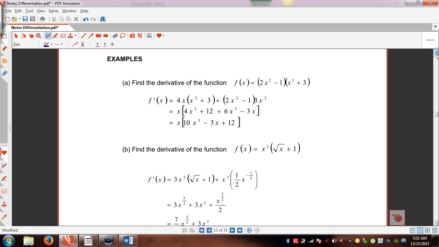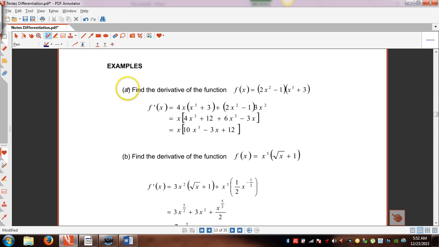Okay, we have example A. We have the derivative of the function f(x) equal to (2x squared minus 1) times (x cubed plus 3). So actually this is your u and this is your v, right?